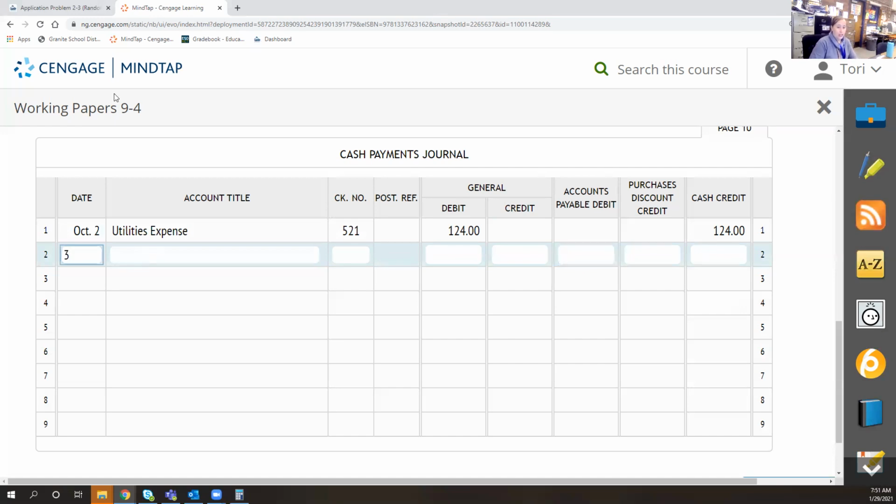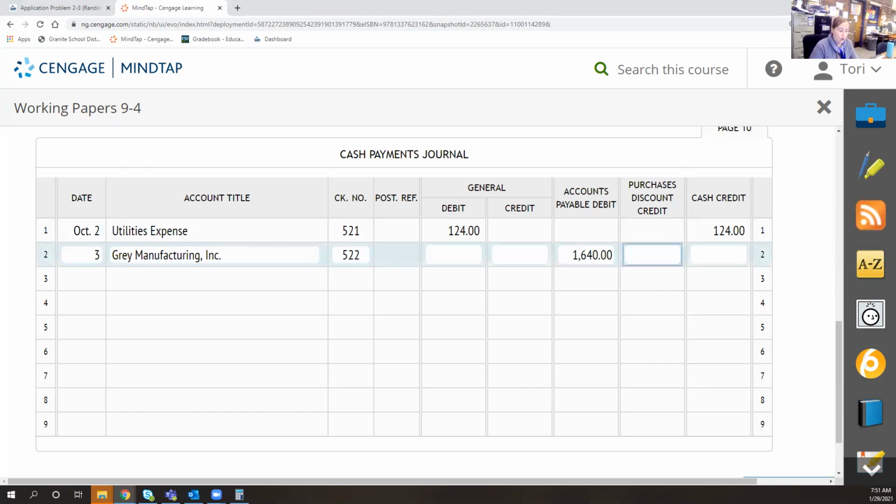We're going to do 3. We're going to do Gregg Manufacturing, put a comma in corporation. 522. Now its original price, you're going to put $1640 right here.